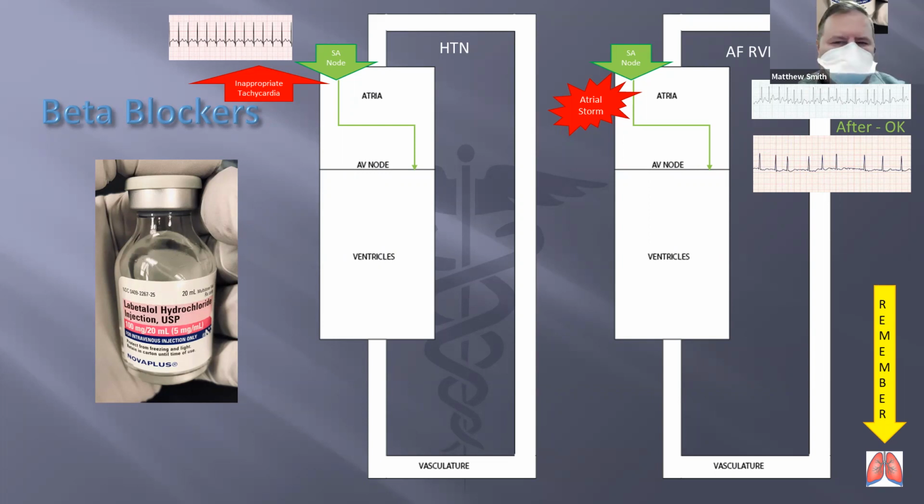So not just beta 1, but beta 2 as well, which means that if you give somebody who has bad asthma a beta blocker, you are potentially knocking out our ability to bronchodilate them very effectively. So this is a drug that needs to be used with extreme caution in patients with COPD and asthma, because we don't want to knock out our ability to bronchodilate if we need to, if there's something else going on.